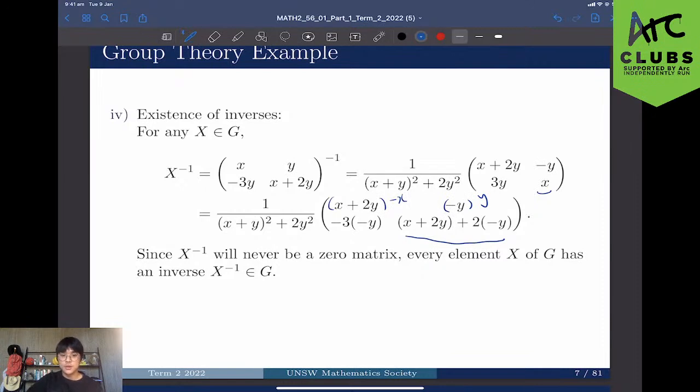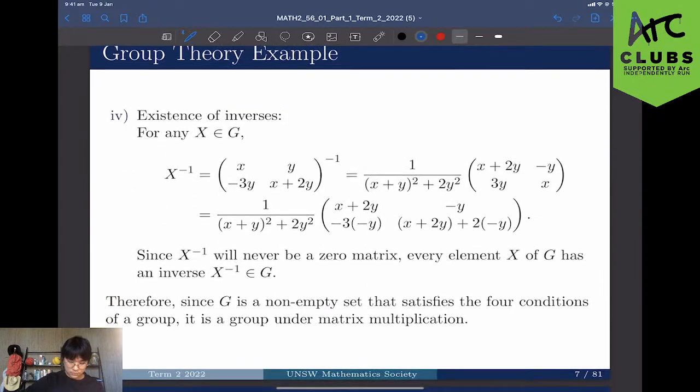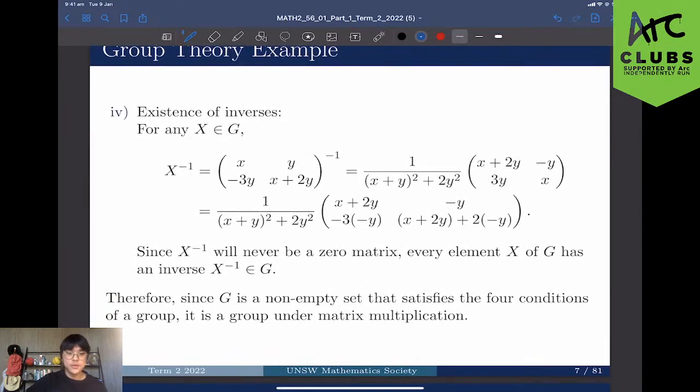So we need to show that the x inverse follows the structure of x and y in the group G. Since x inverse is never going to be the zero matrix, every element does have an inverse. And yeah, so we've now proven all four properties of a group. So we've solved the question that it is a group under matrix multiplication.